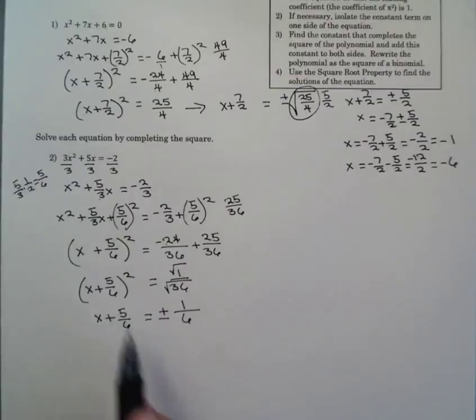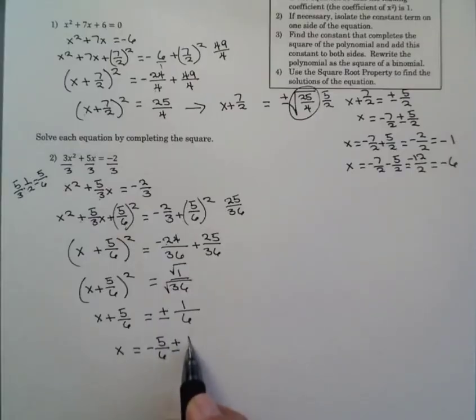Okay, so x plus 5/6, let's subtract 5/6. I've got a negative 5/6, and it's plus or minus 1 over 6. So I've got two solutions. X is equal to negative 5/6 plus 1 over 6. What is that going to be? Well, 1 minus 5 would give me a negative 4, wouldn't it?